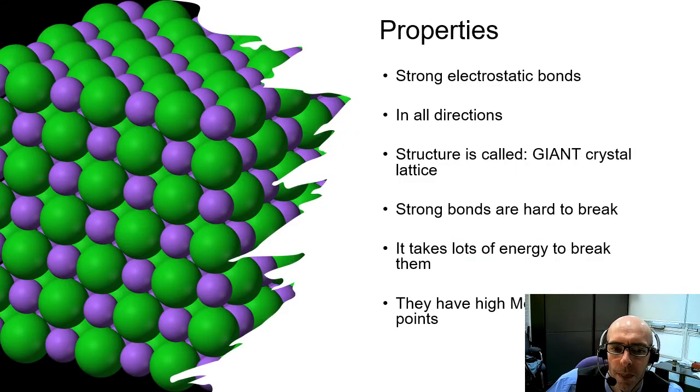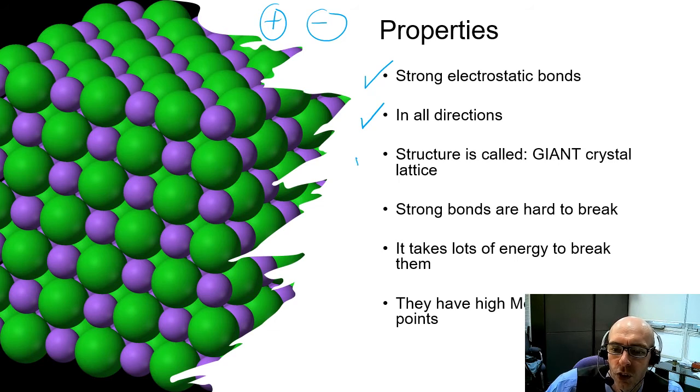So, this is a key slide, putting together those key ideas. So every time you react a metal which becomes positive and a non-metal that becomes negative, every time you have ionic bonding, we have strong electrostatic bonds in all directions.